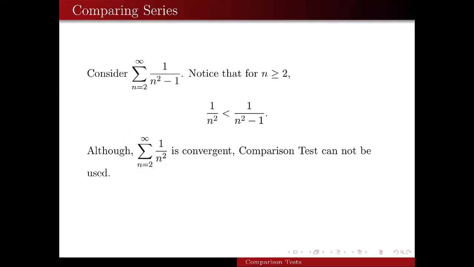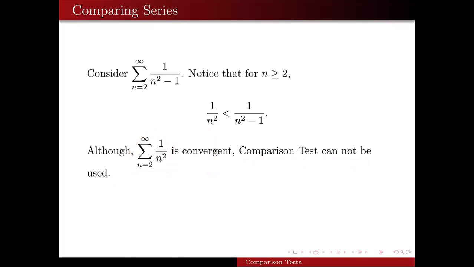But anyway, we have this situation. The smaller series here is convergent, but we will not know using the comparison test the convergence of the bigger series. The comparison test cannot be used. Okay?